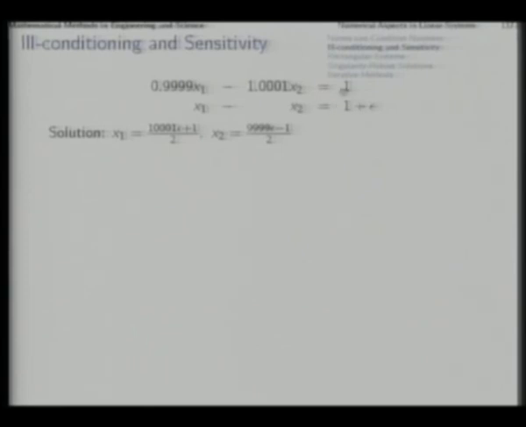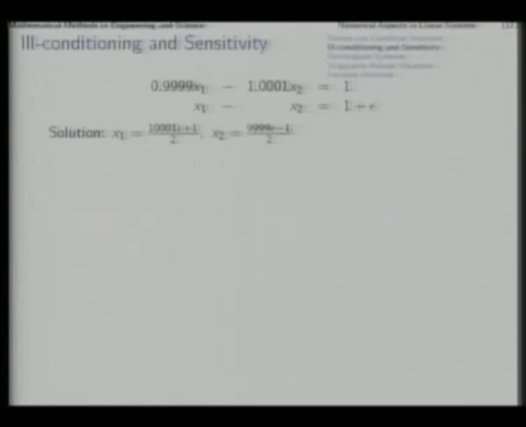You can see that for epsilon equal to 0, the solution will be half, minus half, because half, minus half will satisfy this equation exactly. In terms of epsilon, you can say that the solution is this. Note that with epsilon equal to 0, you have the solution x1 equal to half, x2 equal to minus half.